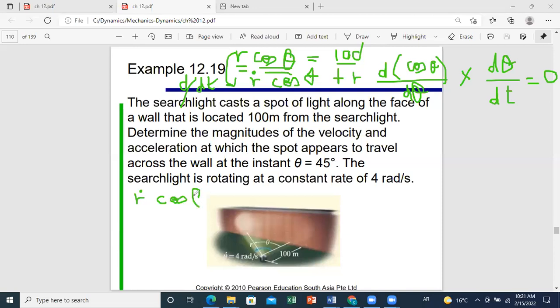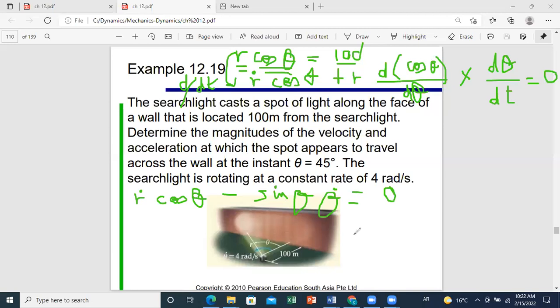Now the derivative of cosine theta with respect to theta is minus sine theta. So minus sine theta times d theta by dt is theta dot, so times theta dot, which is 4, equals to 0. So we deduce that r dot.